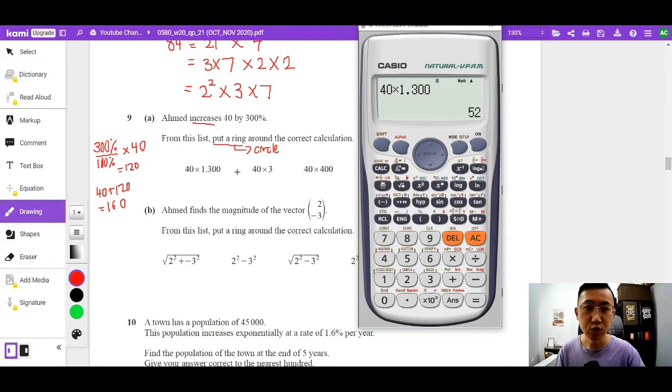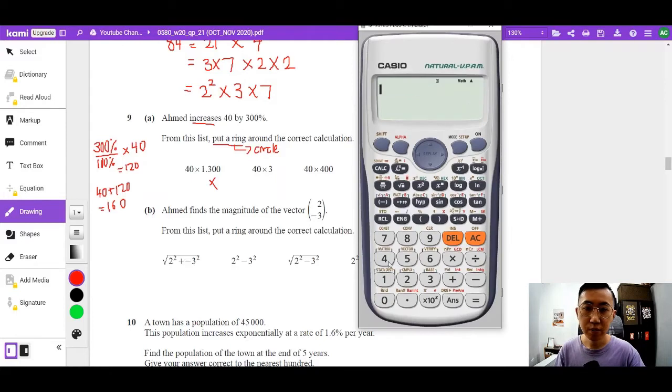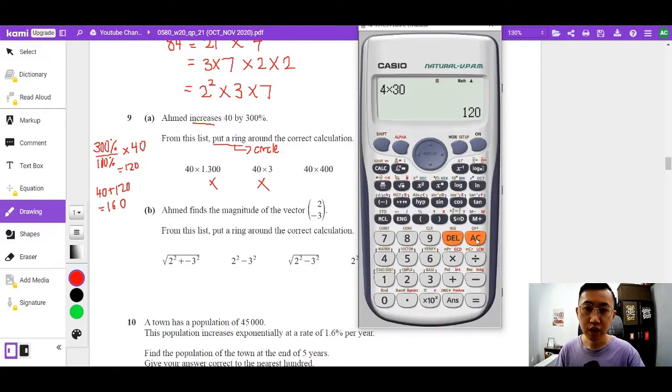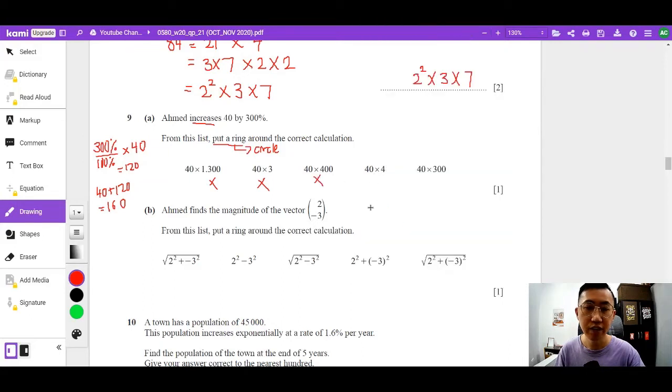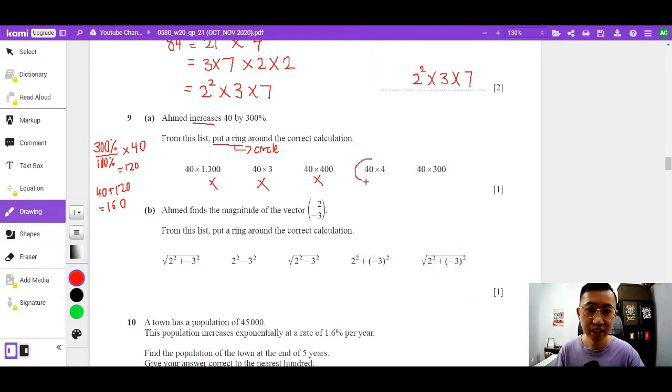That's 52, so this is out. 40 times 3, I'm pretty sure that is 120, so that is wrong as well. 40 times 400, so imagine you are doing this in your exam, you are going to check, I think it's pretty fast. 40 times 4, just to prove to you, 160, yeah, that is actually the answer. So put a ring means circle like this, okay, like Beyonce.